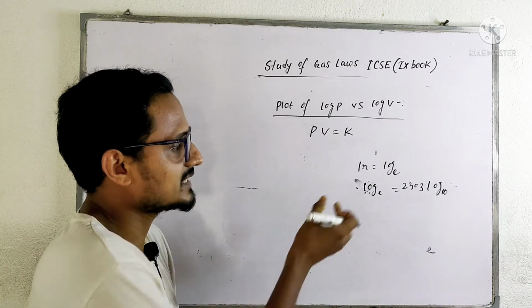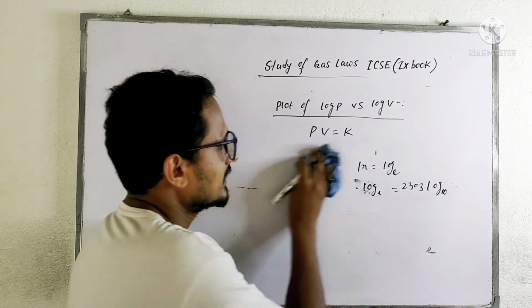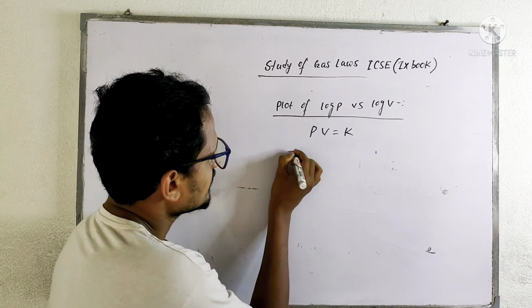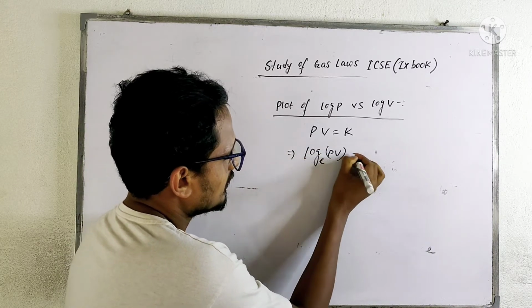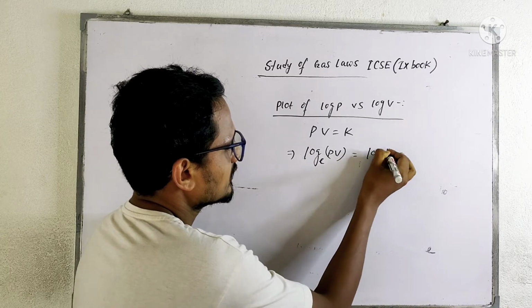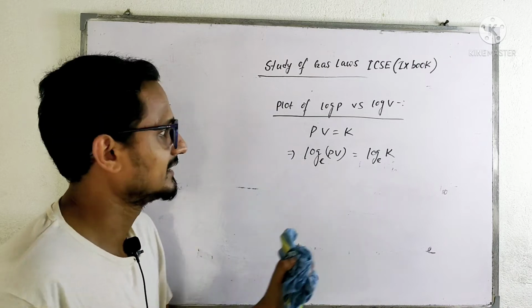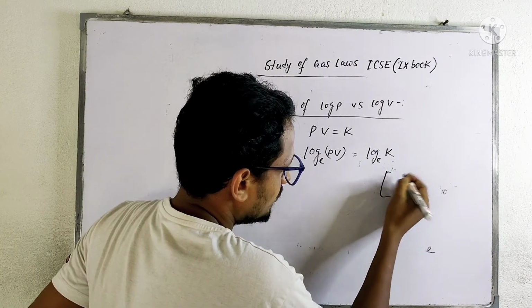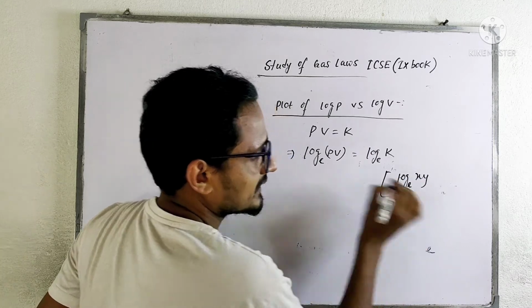In chemistry or physics, ln means log to the base e. Now we are taking log on both sides of PV, here also log means to the base e, that means ln.